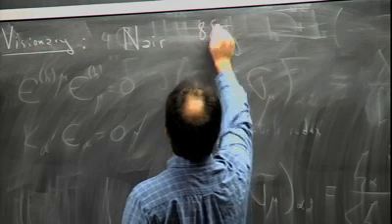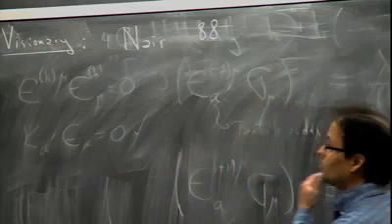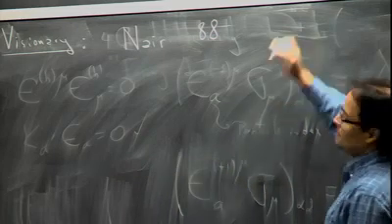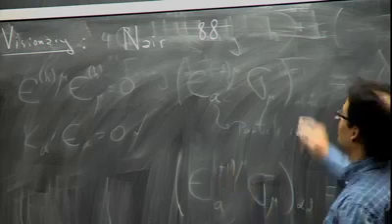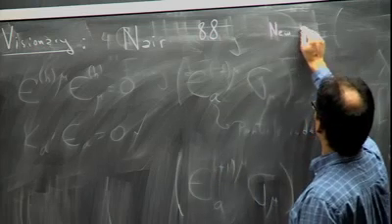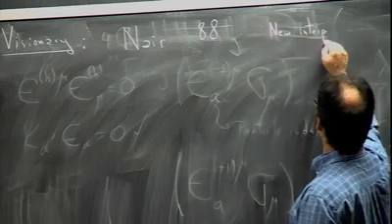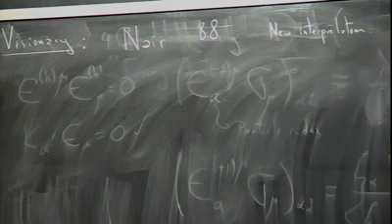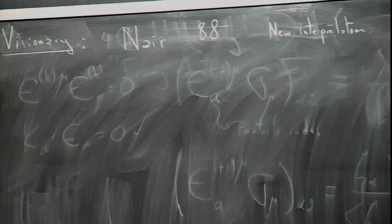So Nair did it in the year 88. In 88, only 2 years after the conjecture was made, Nair said, well, this formula is begging for a new interpretation. Okay. So what did he know that people doing these calculations didn't know?